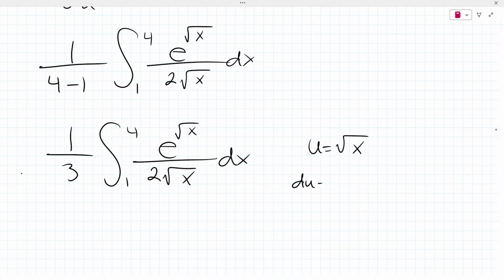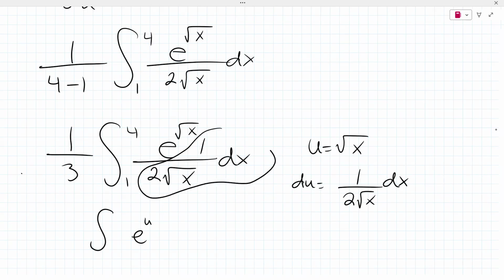So my du, what is the derivative of square root of x? It's 1 over 2 square root of x dx. Comes out nicely, right? We don't need to take out anything. It's good. So it's going to be e to the u, and then you can replace 1 over 2 square root of x dx, so you can replace this whole thing with du.